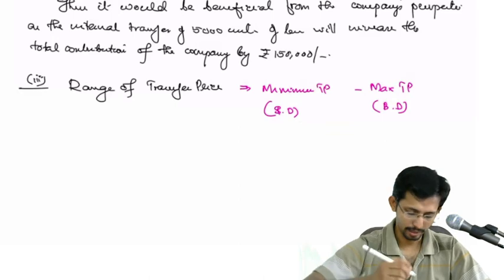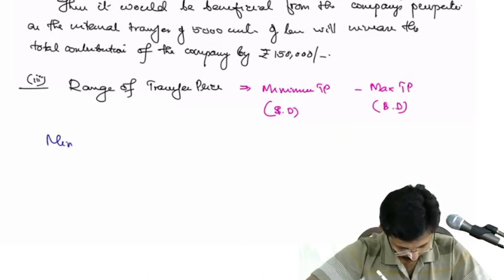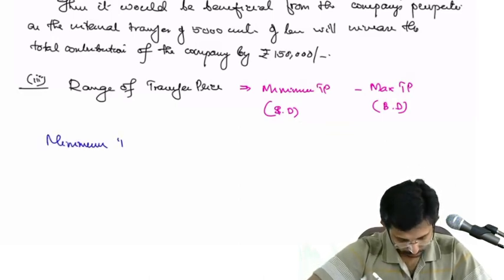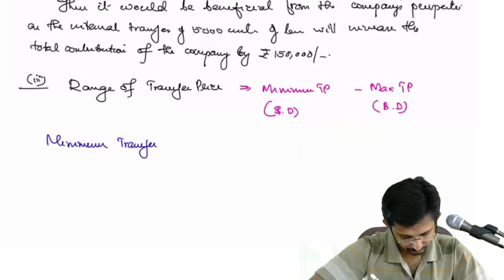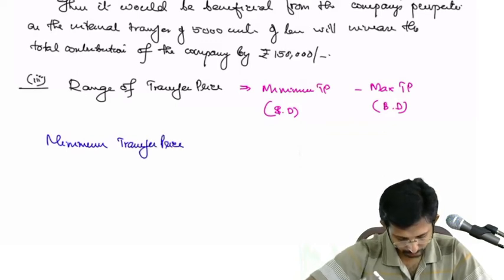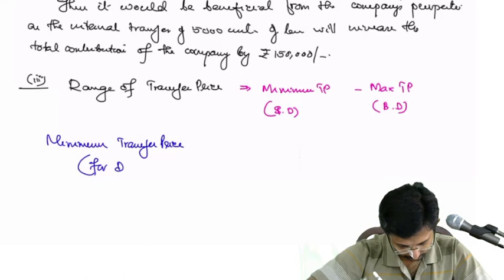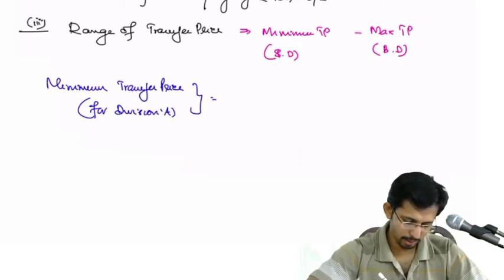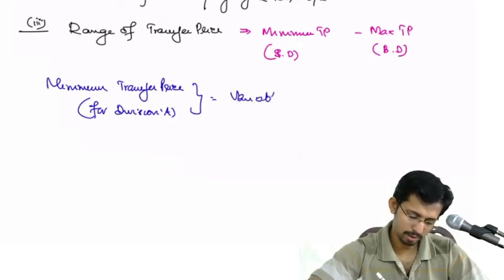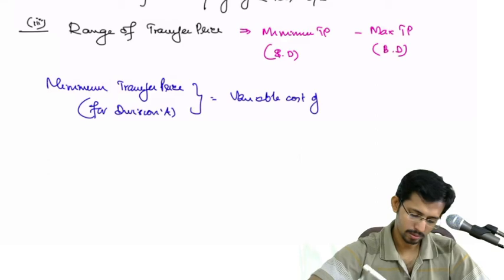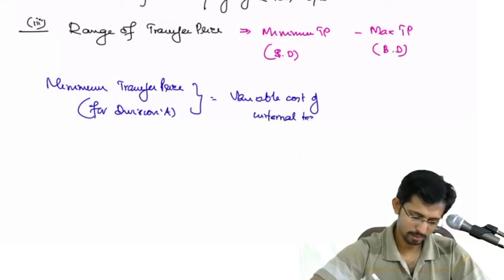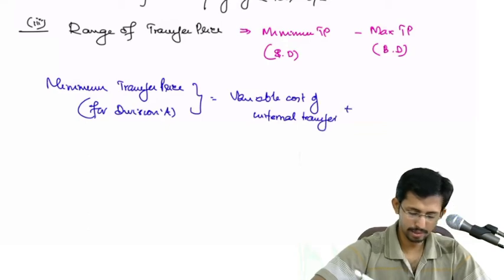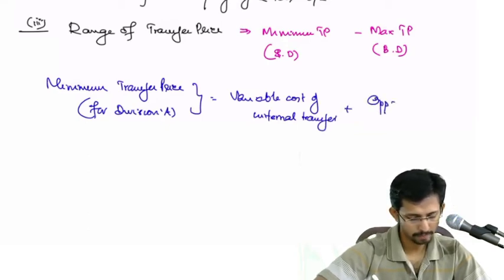Okay, so minimum transfer price for division A. How do you compute the minimum transfer price? This is equal to variable cost of internal transfer plus opportunity cost.